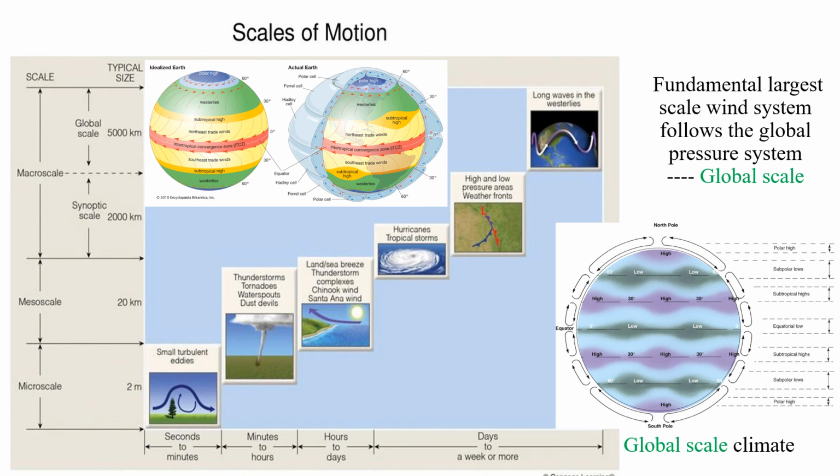And the global scale patterns are those big scale, around the planetary scale, that are Hadley cells, northeast winds, southwest winds, and different types of derivatives from pressure belts are known as global scale.